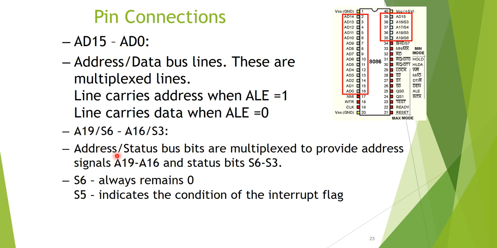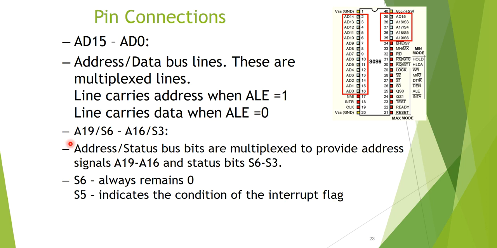So these lines are multiplexed, used to carry the address as well as the status signals. Now S6 is always 0. That means S6 is not used for any function. Now S5 indicates the condition for the interrupt flag.